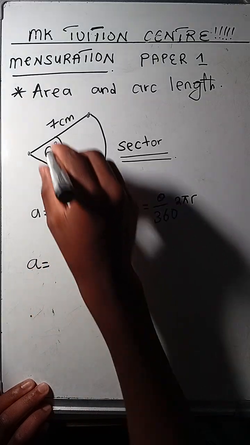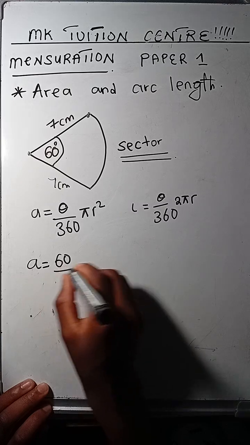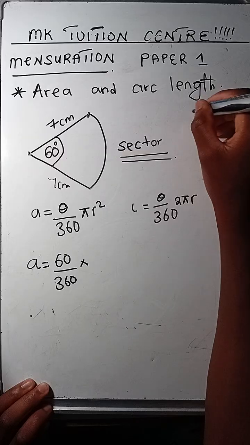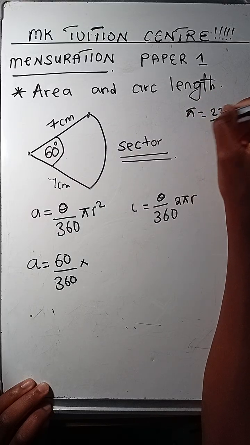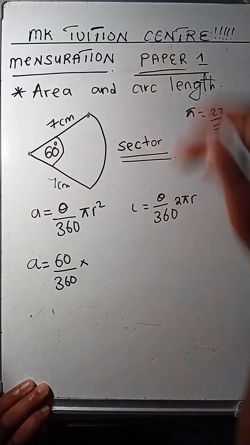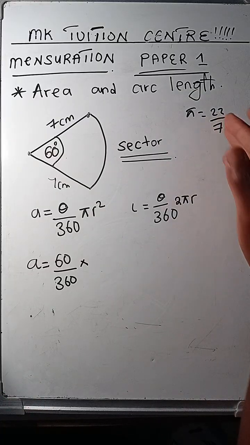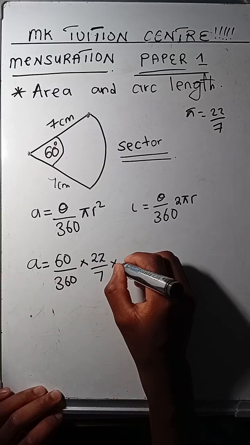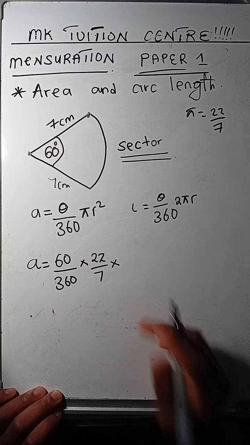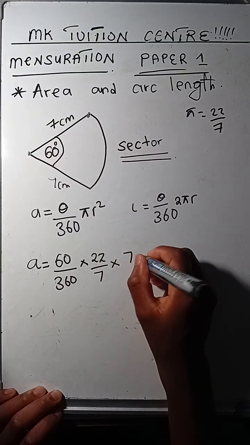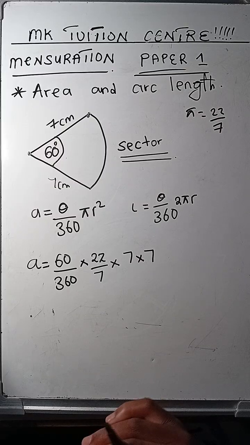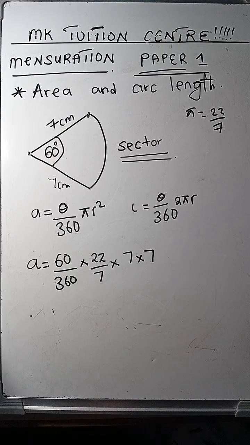So theta in this case is 60 divided by 360 multiplied by, let's say our pi is 22 over 7. Remember, this is paper 1, so in most cases, they do give pi as a fraction. 22 over 7 multiplied by the radius squared. So we're talking about 7 multiplied by 7. This is paper 1, so it means we don't have any calculator. So we have to simplify these numbers.